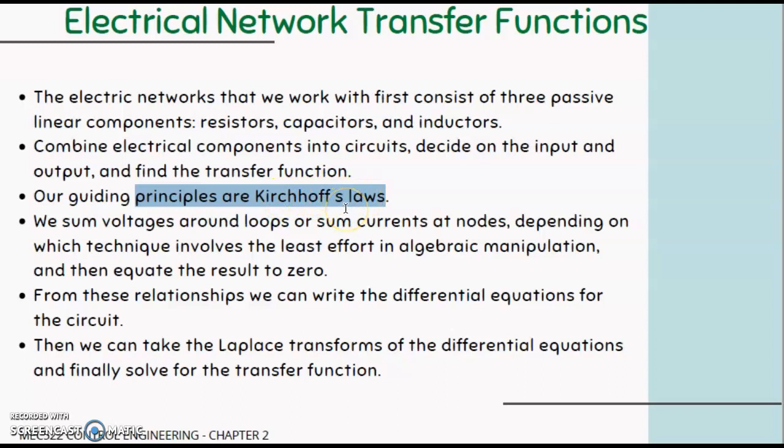Basically there are two: KVL and KCL. KVL is the summation of voltages around loops equal to 0. KCL is the summation of currents at nodes equal to 0.